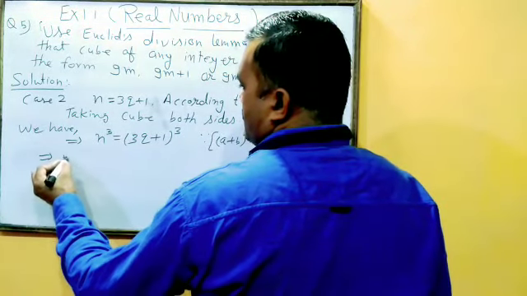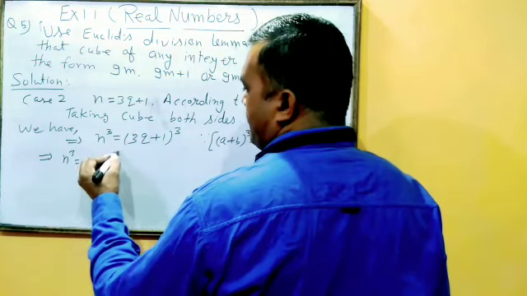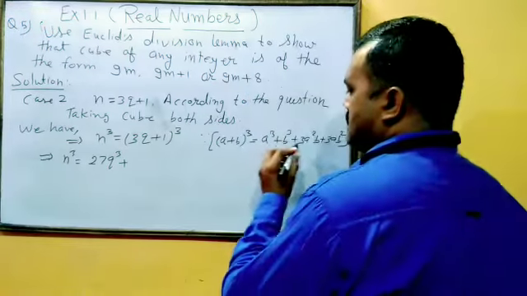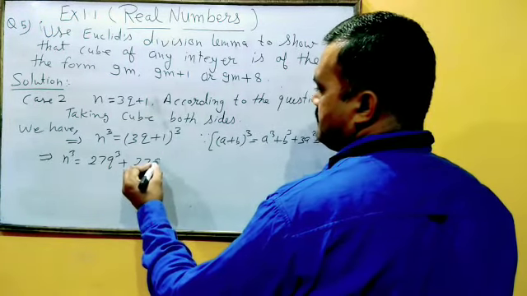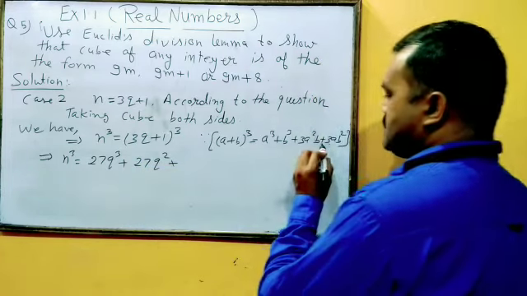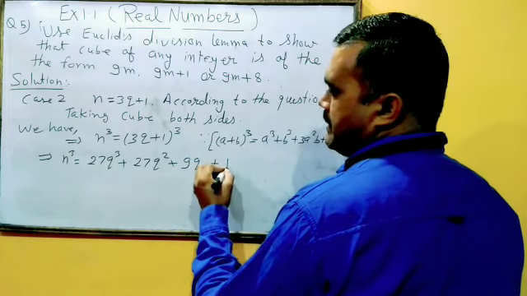Just open this bracket. We have now n cube is equal to 3 3s are 27 q cube plus 3 3s are 9, 27 q square plus 3 3s are 9 q plus 1.